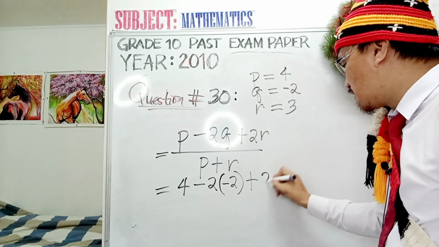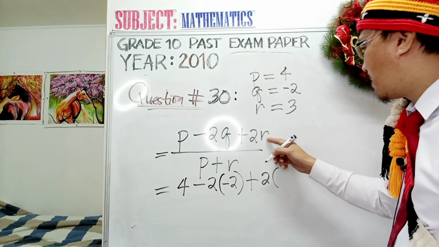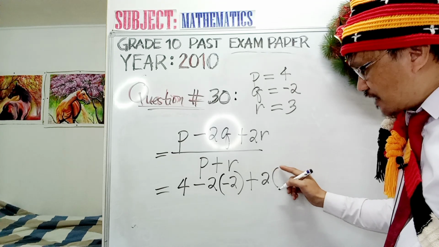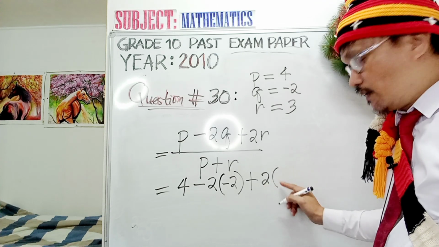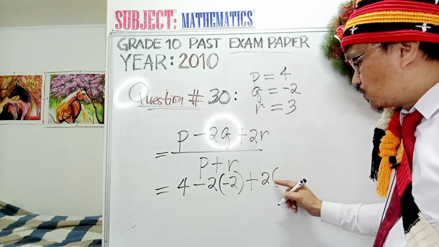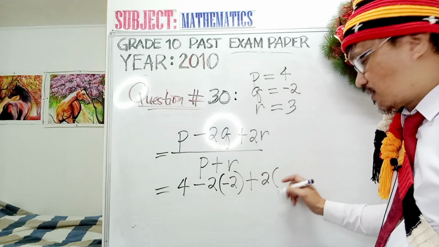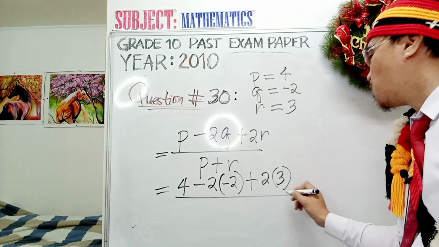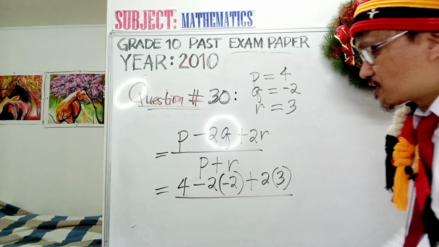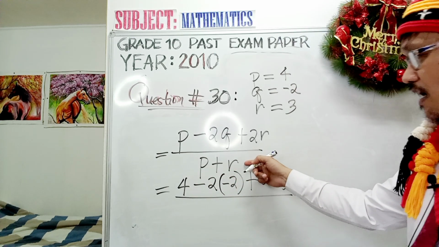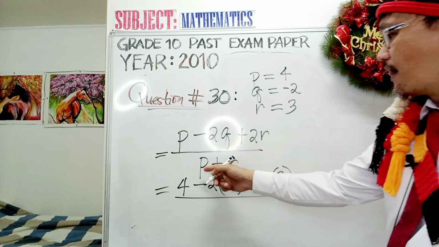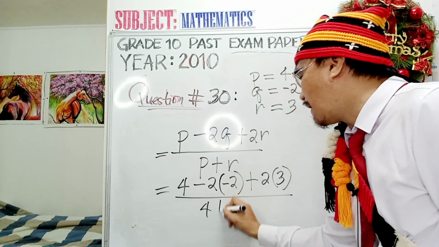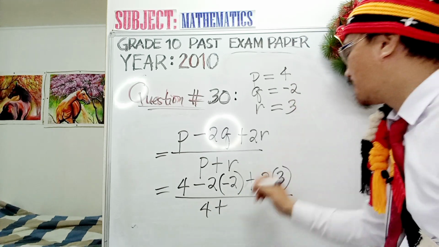Plus 2, multiplied by our R. Although our R is positive, it is best to use brackets so that you will know that the operation here is multiplication, and that is 3. Divide this by the given expression underneath, which is our denominator, and the value of P is 4 plus the value of R, which is 3.